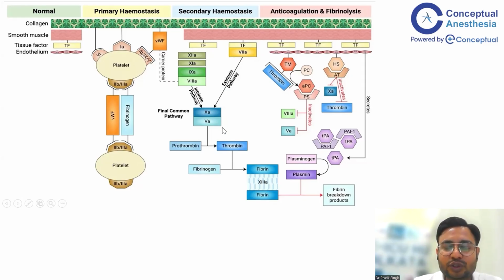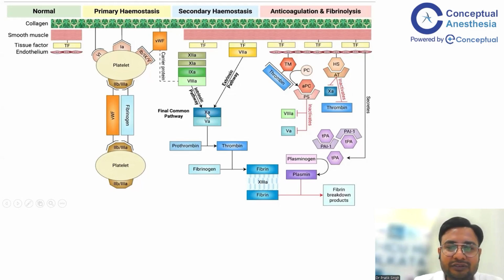There are lots of autocatalytic coagulation factors like 5, 8, and 10. As soon as factor 10 is activated, it activates 5A, prothrombin is converted to thrombin, then fibrinogen to fibrin, and finally fibrin is stabilized with the help of other coagulation factors.